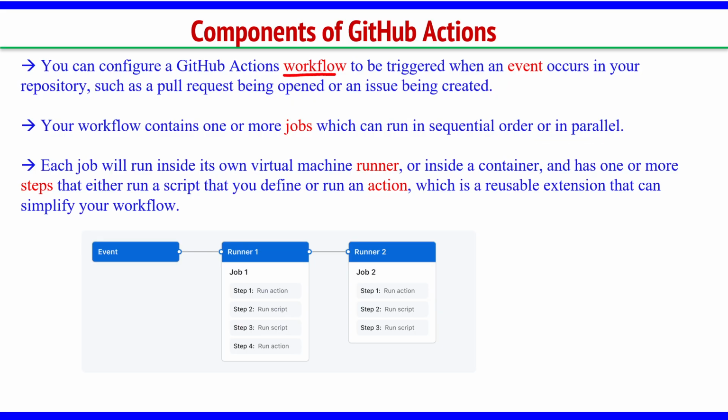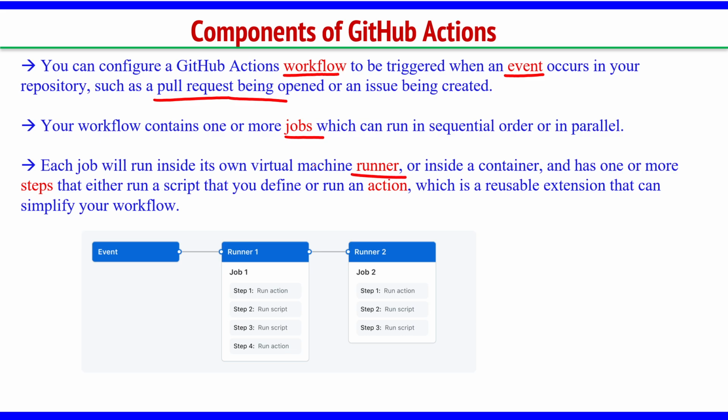The first component is workflow. It's a sequence of steps which can be triggered when an event occurs. So the next component is an event. What is an event? An event could be such as a pull request being opened or an issue being created. Now each workflow contains one or more jobs. Okay, now each job will run in its own virtual machine runner.